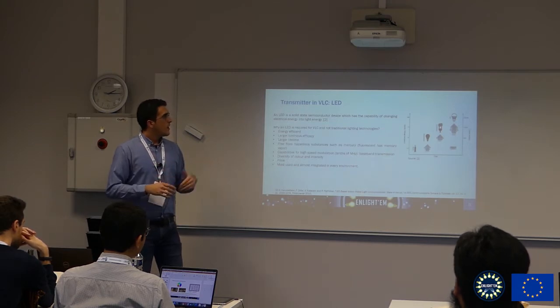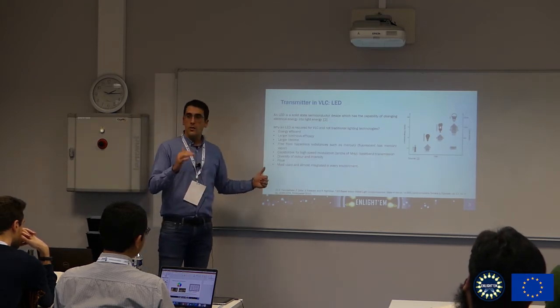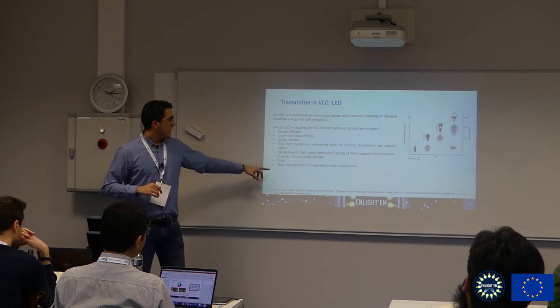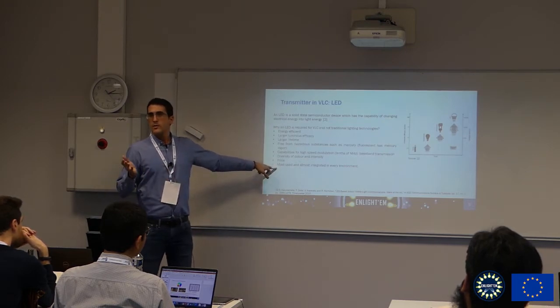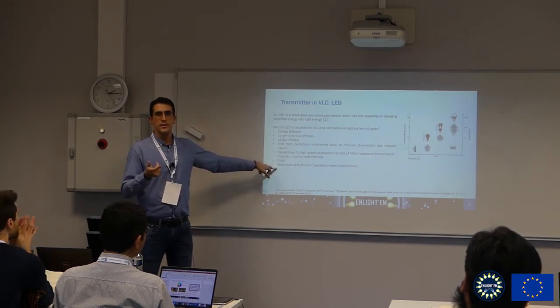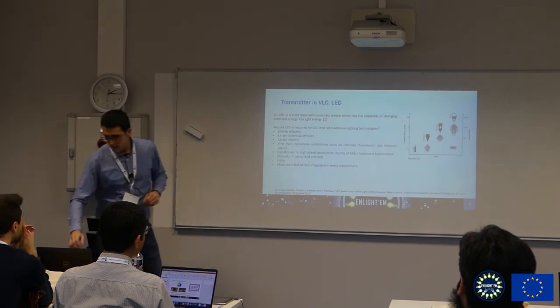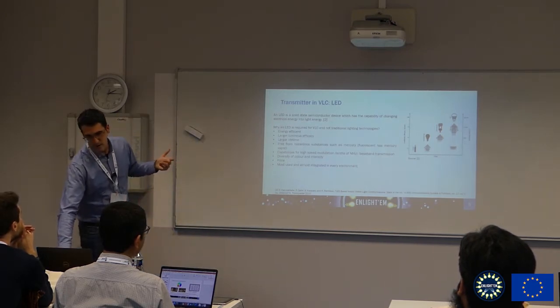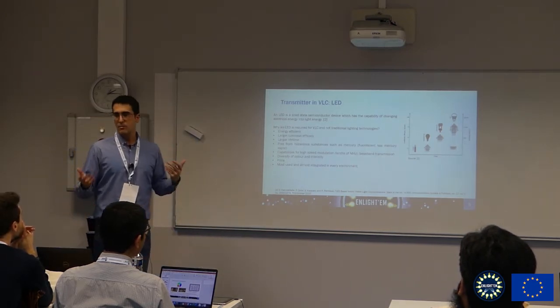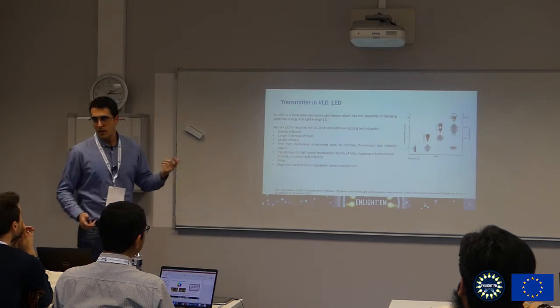The prices are getting lower and lower. The LED is used everywhere, so we can create a VLC system basically everywhere, outdoor, indoor, and in any kind of scenario, which is good. In several years, almost 100% of the lighting sources will be based on LEDs.